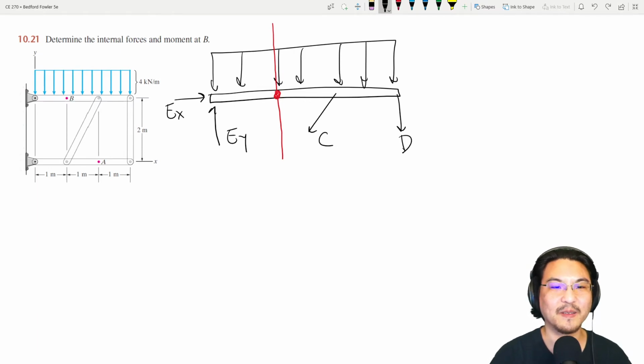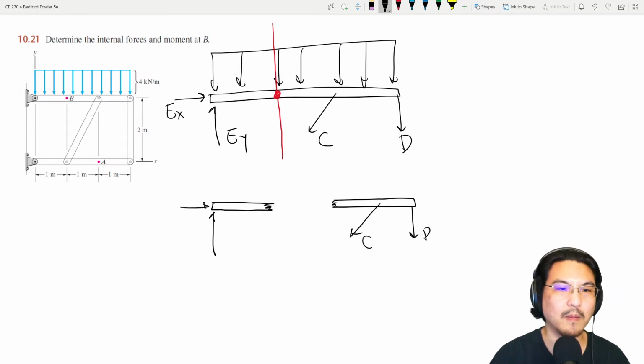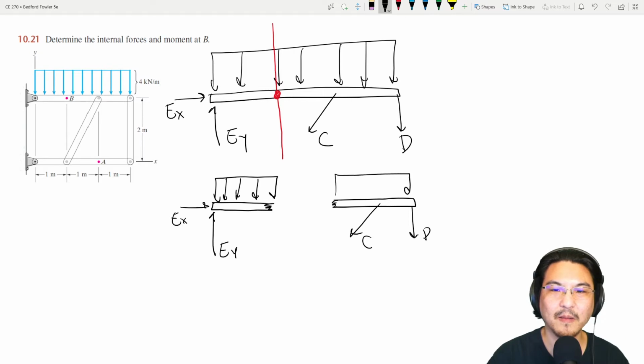When we do that, the section on the left, section on the right looks like this, and then like this, and like this. Okay, and then that reveals all the internal forces and moments.